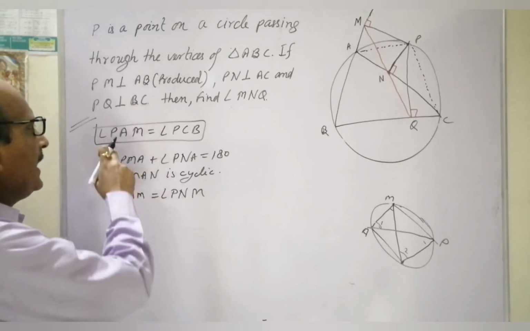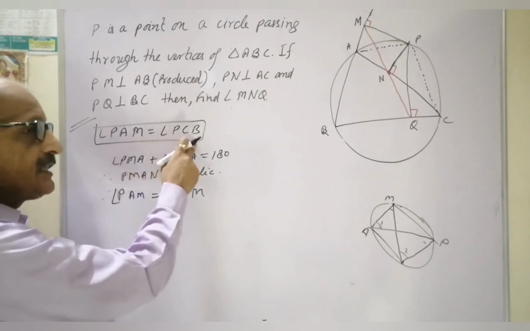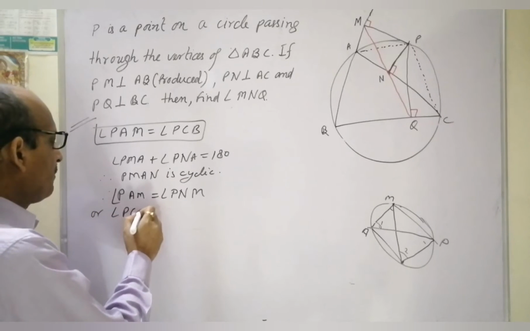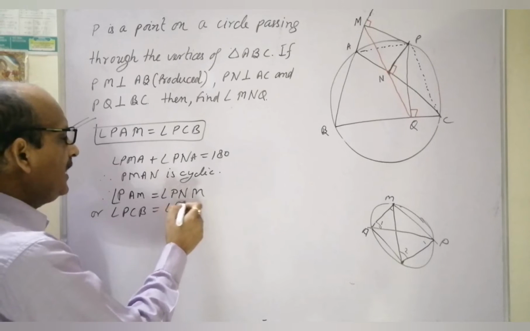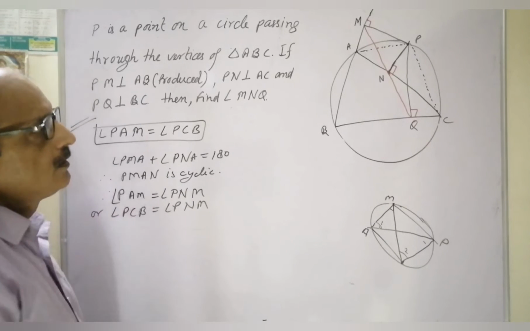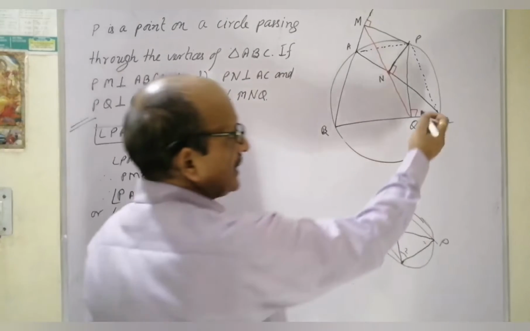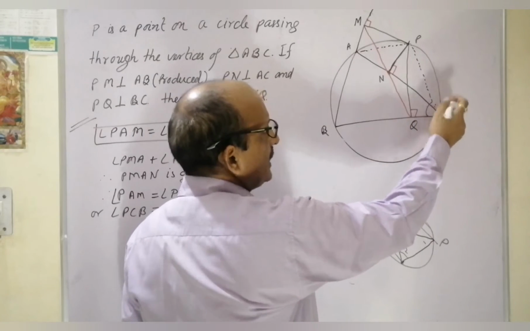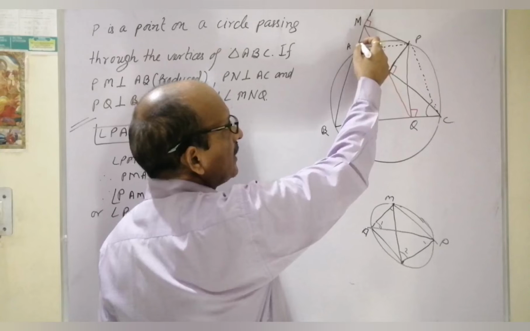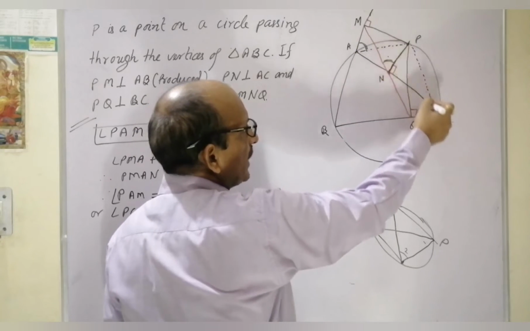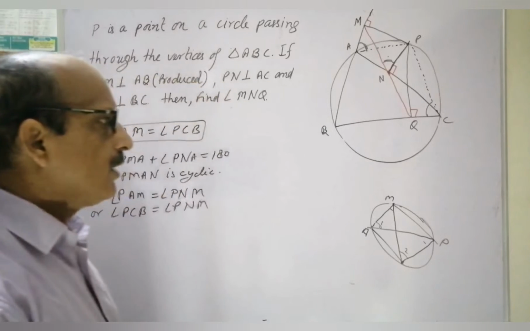But PAM is already equal to PCB, so we write angle PCB for PAM. PCB is equal to angle PNM. PCB means this angle as a whole. This angle as a whole is equal to this angle, and this angle is equal to this angle. So these two angles are again equal.